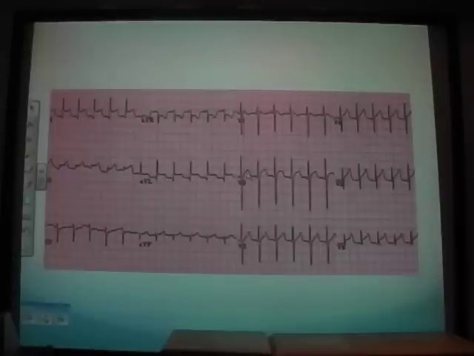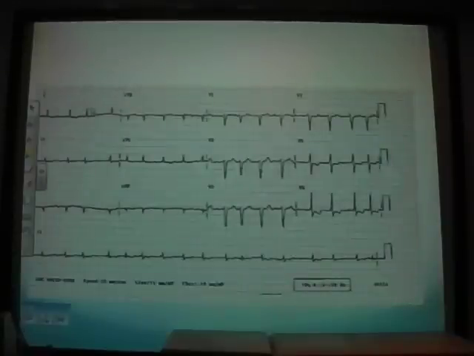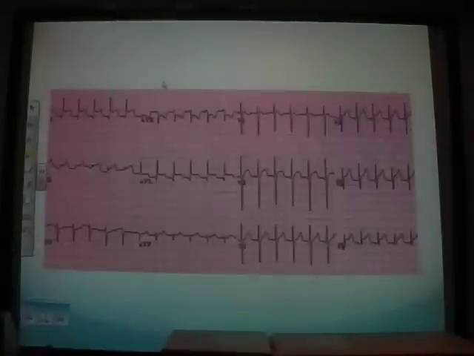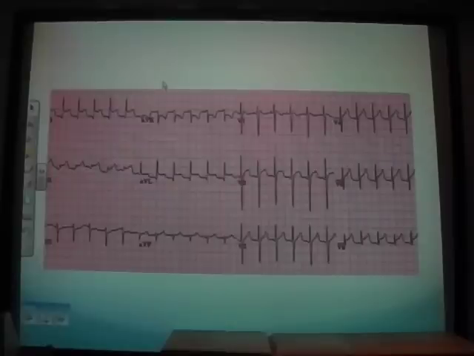He's also got it anterior, lateral, so it's everywhere, so it's pericarditis and saddle-shaped. Well done. So if it doesn't respect the territories that we spoke about earlier, if it's diffuse saddle-shaped ST elevation, then it's pericarditis.